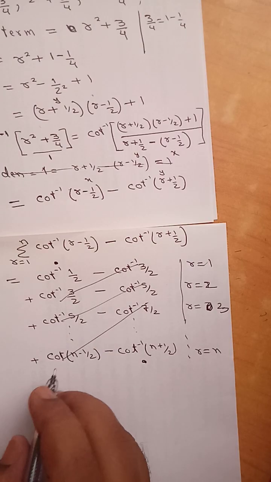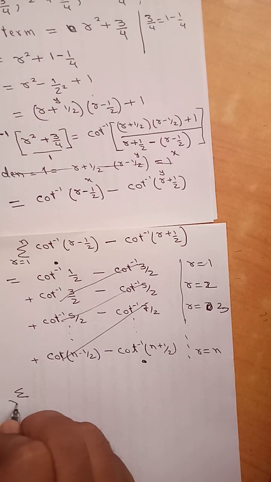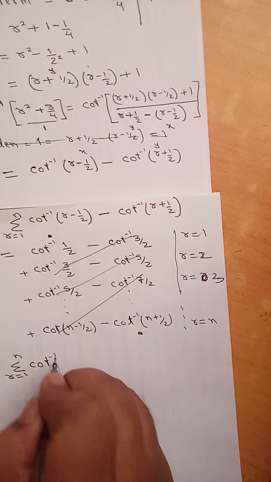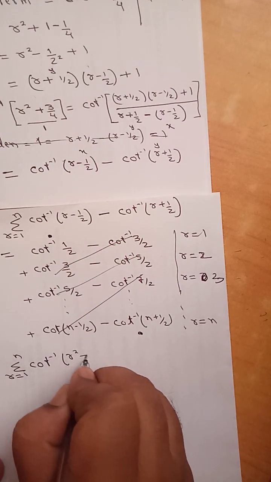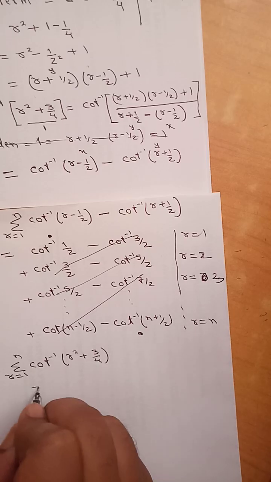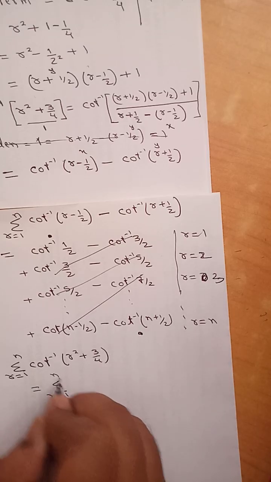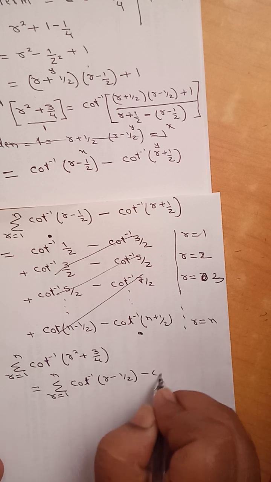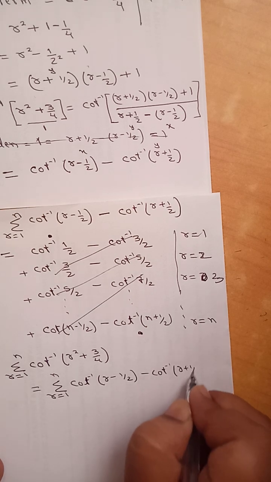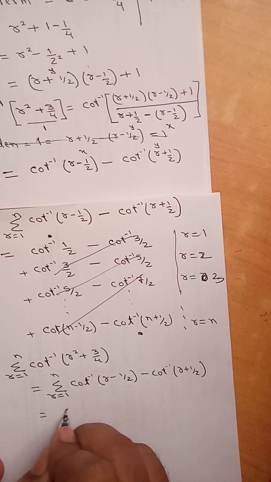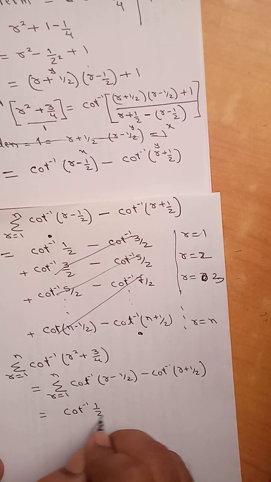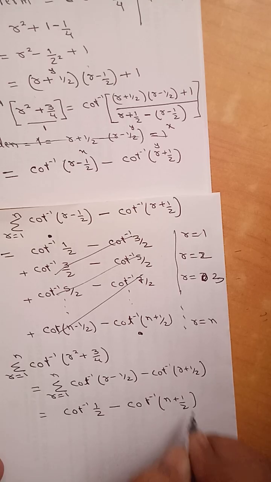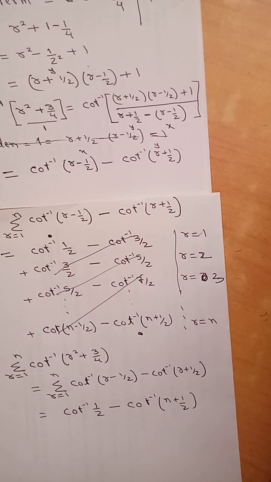This can be written as sigma r equal to 1 to n of cot inverse of (r square plus 3 by 4), which is equal to cot inverse of 1 by 2 minus cot inverse of (n plus 1 by 2), for r equal to n. But we need infinity.